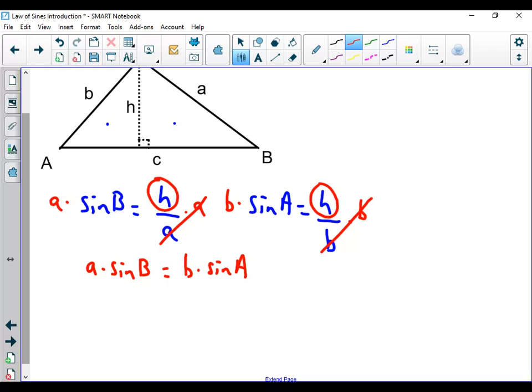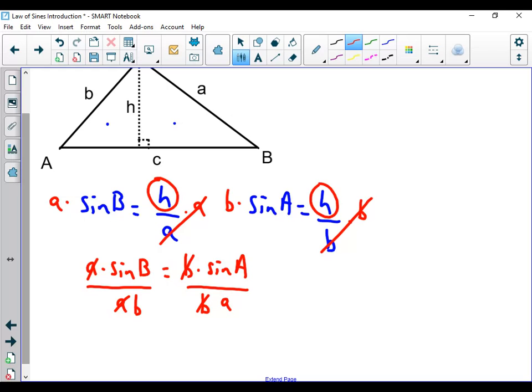Well, I've got A's and B's all over the place, so to kind of clean it up a little bit, I'm going to get anything with A on one side. So I'm going to get this A to the other side. And anything with B, I want it together, so I'm going to bring this B to that side. And the result is what we're going to focus on.